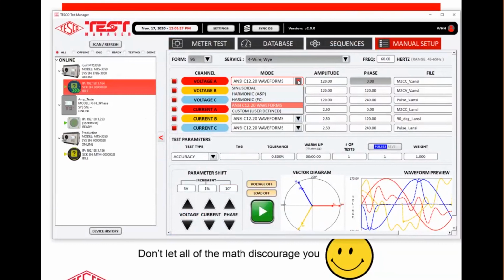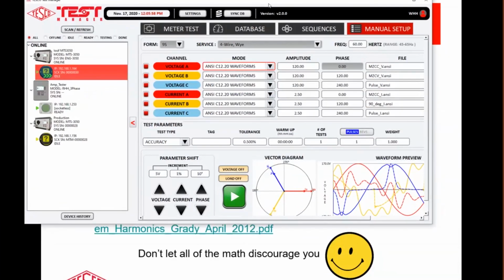There's an amplitude and phase format, and there's a Fourier coefficient format. All the ANSI waveforms are predefined, so you can do exactly what I did, which was simply pick the waveforms that you want. I picked all the ANSI ones, and then the system will generate those just by click of a button.